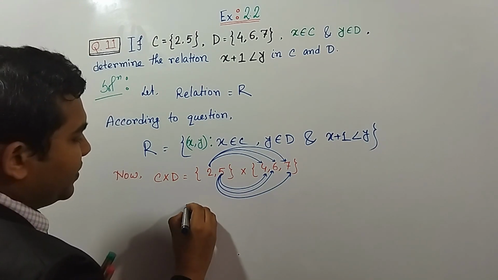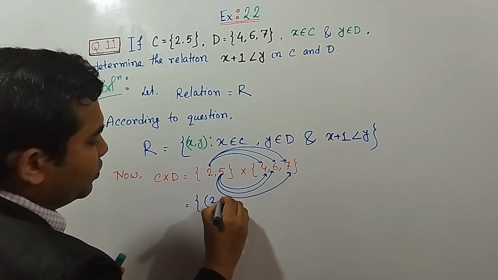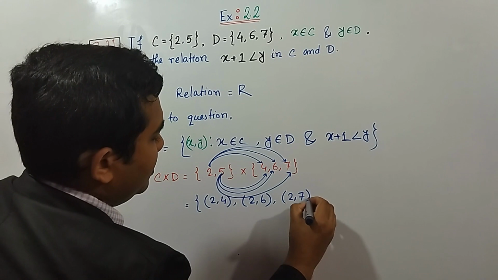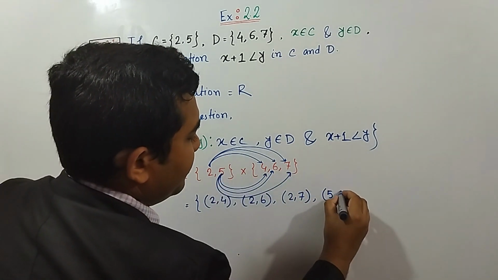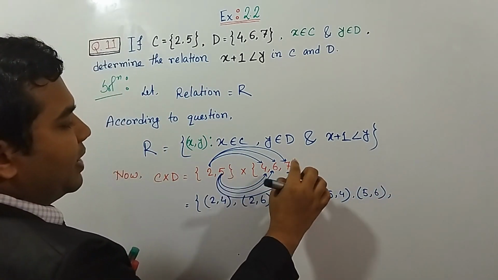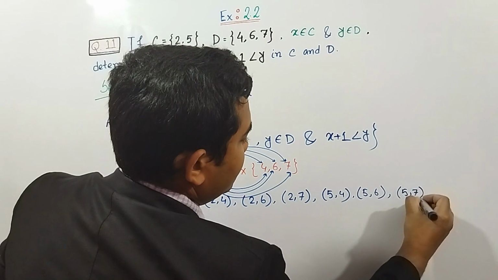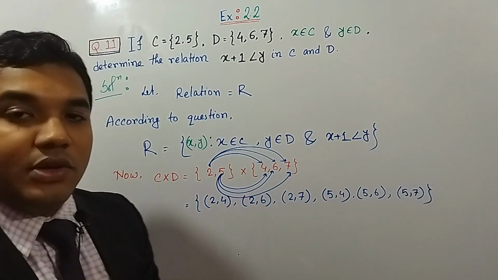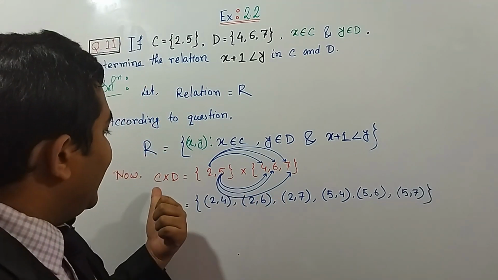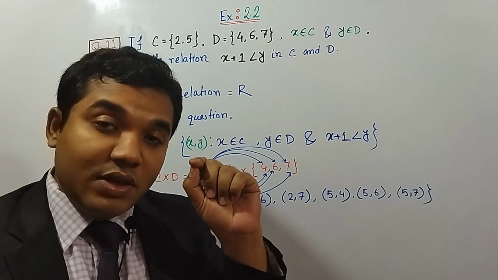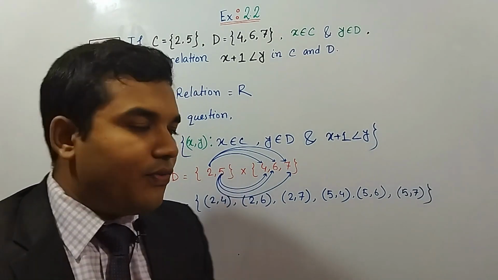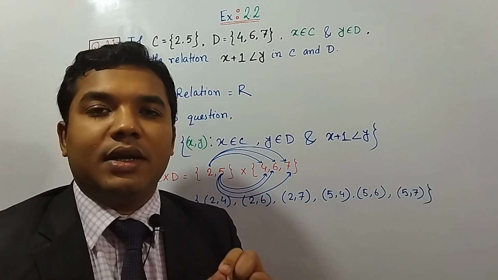So the relation should be (2, 4), (2, 6), (2, 7), (5, 4), (5, 6) and (5, 7). My dear students, you already know from chapter 2.1 that when we think about the Cartesian product, we use the first bracket, the parentheses, for ordered pairs.